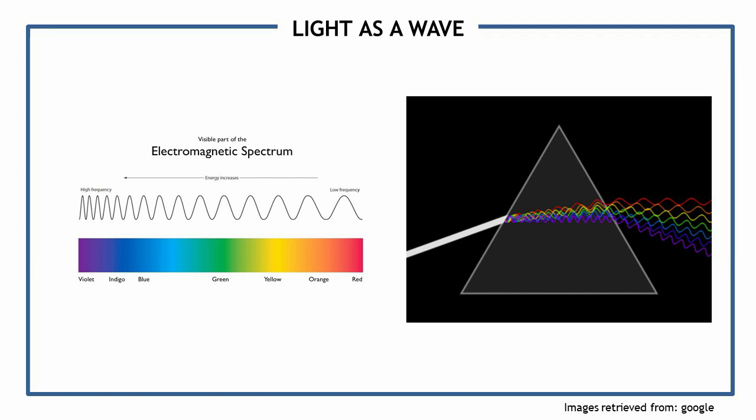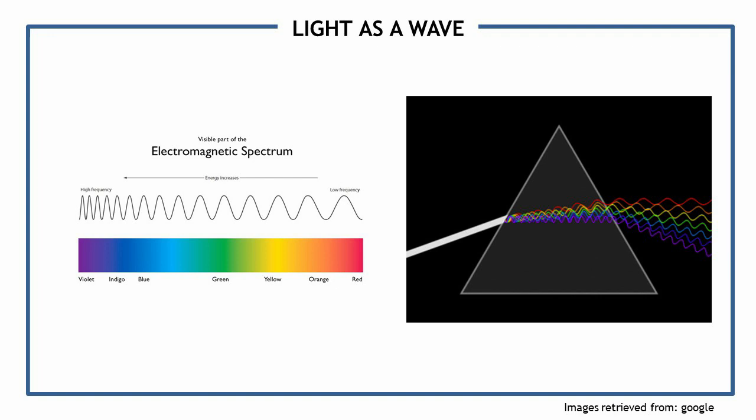So, meron tayong illustration dito ng electromagnetic spectrum. Itong electromagnetic spectrum na ito, ipinapakita nito ang light sa iba't ibang wavelengths. Light will appear violet if the wavelength of the light is super short. Pag nag-increase ng kaunti doon, yung wavelength, light will appear naman as blue.